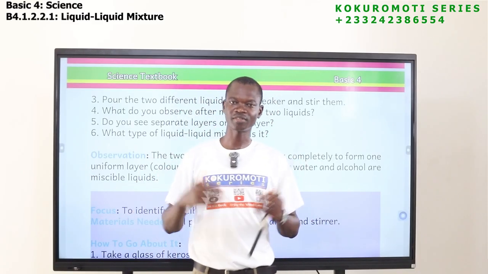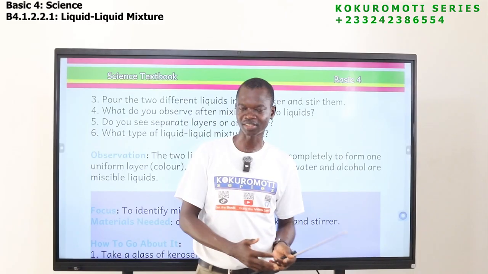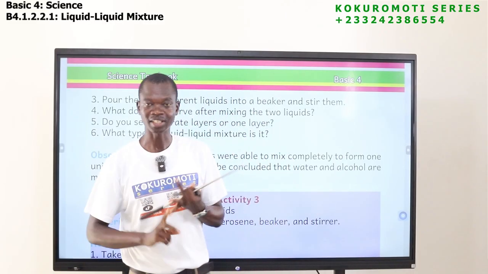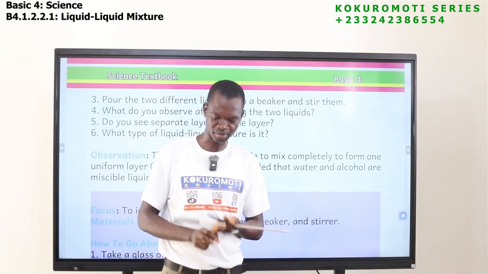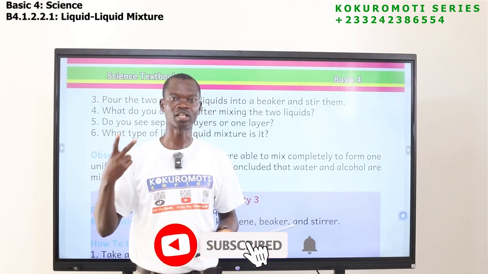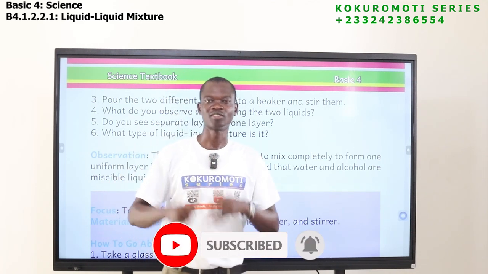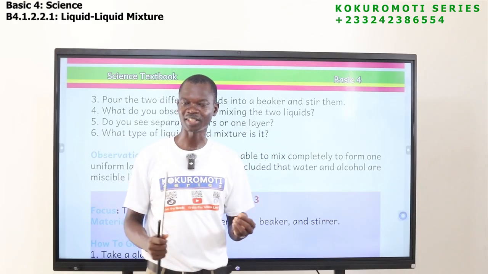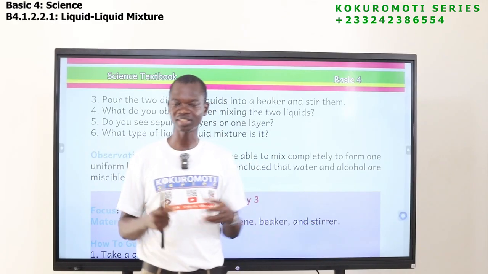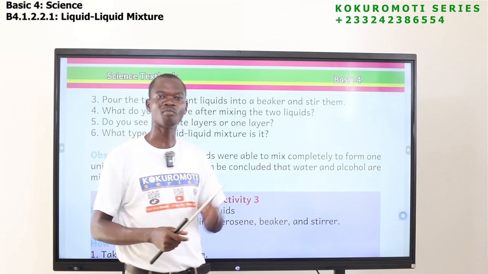So if you are asked to give examples of miscible liquids, we have seen that water and Fanta are miscible liquids. Water and alcohol, they are also miscible liquids. Water and vinegar, miscible liquids. Water and milk, miscible liquids. All these liquids, when you mix them, they form one layer.